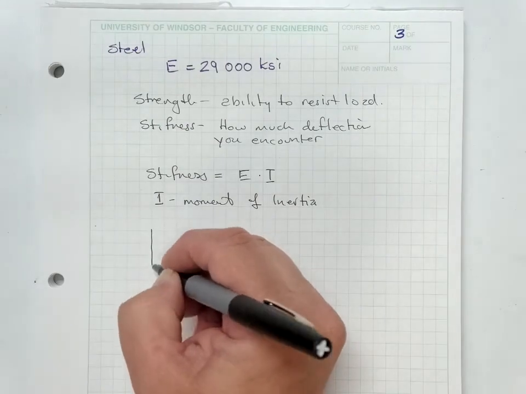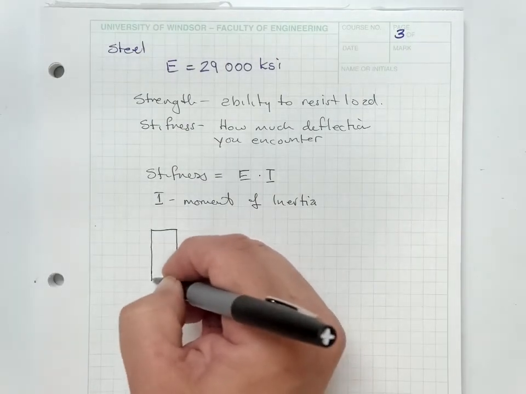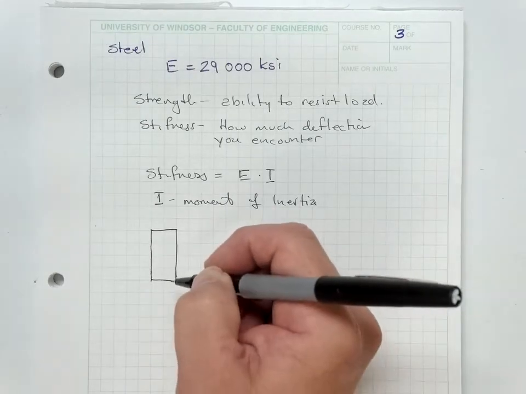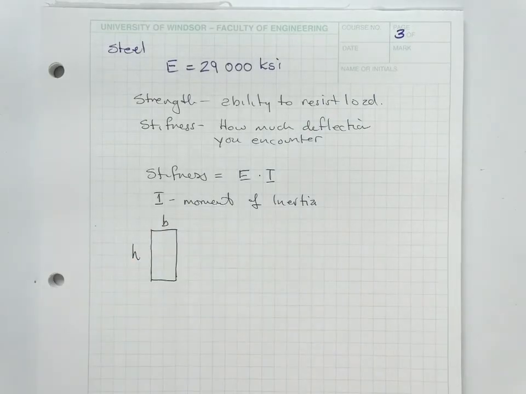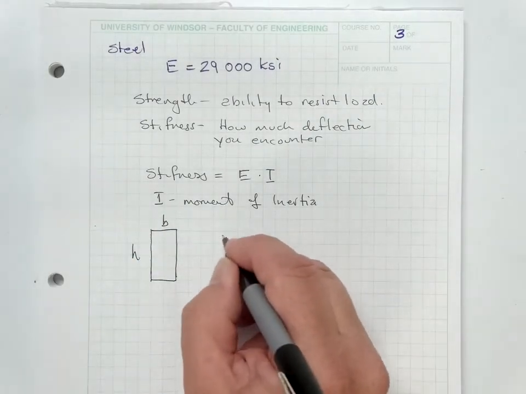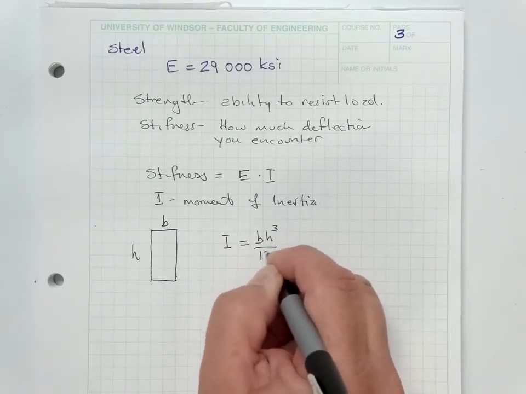For almost everything we're going to do, we'll be looking at rectangles. And if a rectangle has a width of b and a height of h, its moment of inertia is equal to bh cubed over 12.